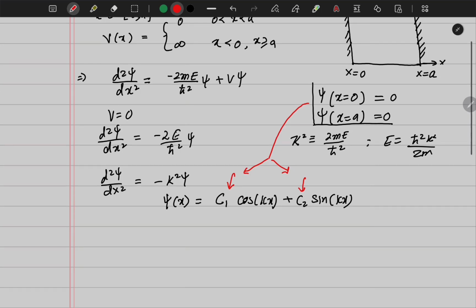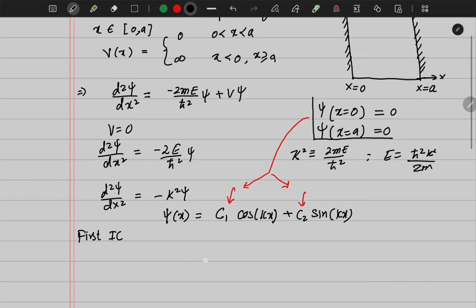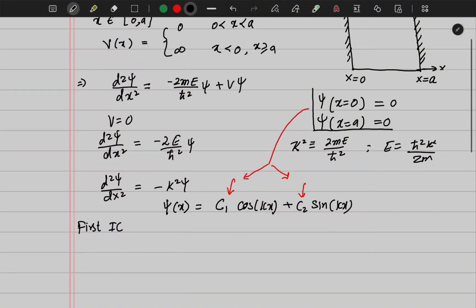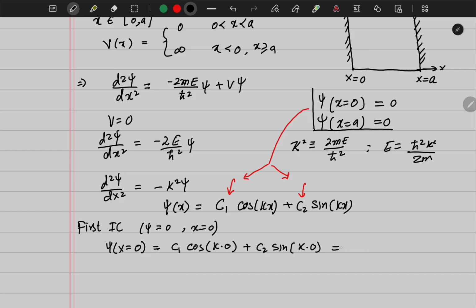So the first condition is, from step 1 till here it was all math. Now we will introduce physics, and physics comes into the picture through the boundary conditions. The first condition is psi is 0 at x equals 0. So if I put x equals 0, psi of 0 is equal to c1 cos of k times 0 plus c2 sine of k times 0, equal to 0.